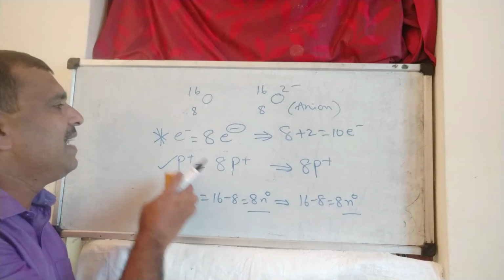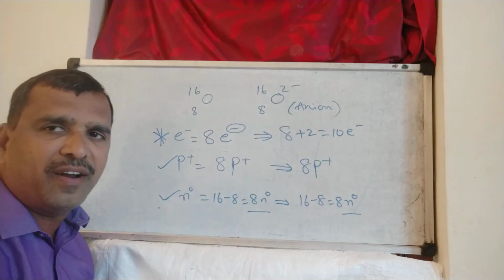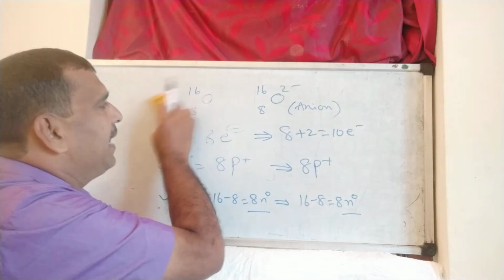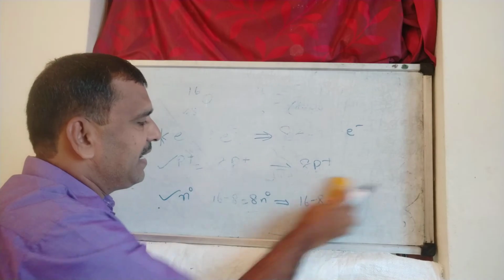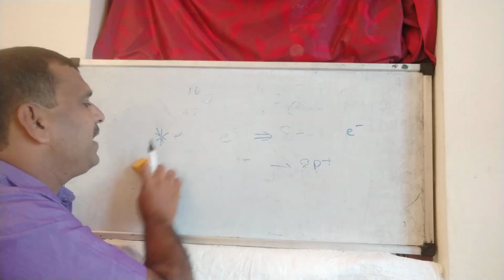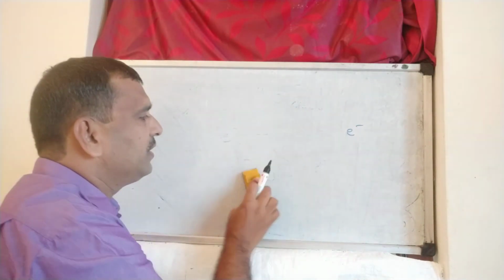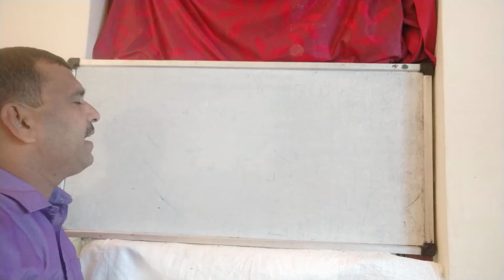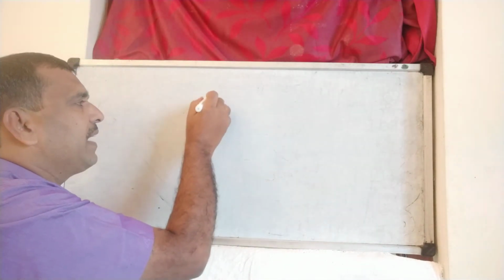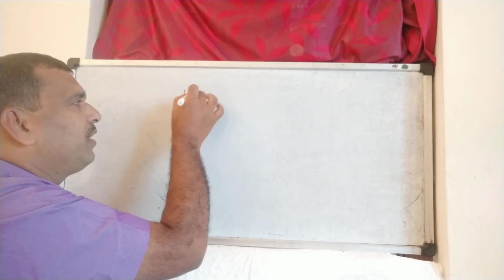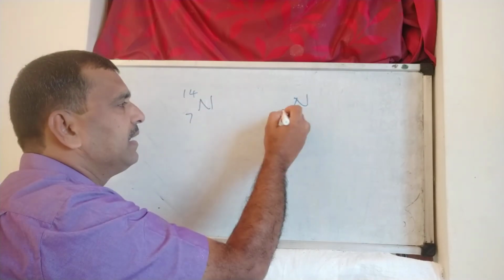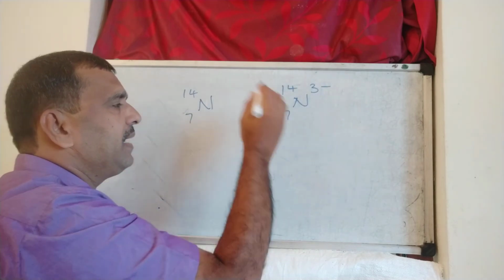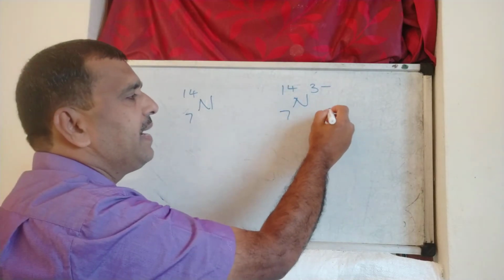Then we'll see the next ion, that is the nitride ion. How many electrons, protons and neutrons are present in a nitride ion? First you take nitrogen, 7 and 14. Then another one is 7 and 14 only, but here 3 minus. This is called the nitride ion.